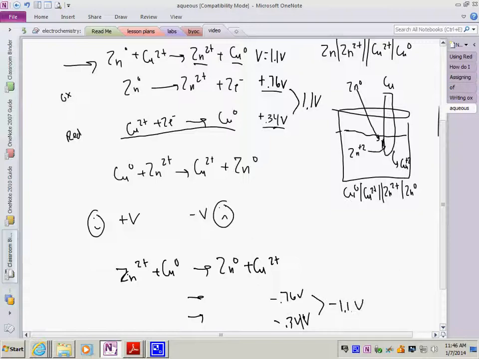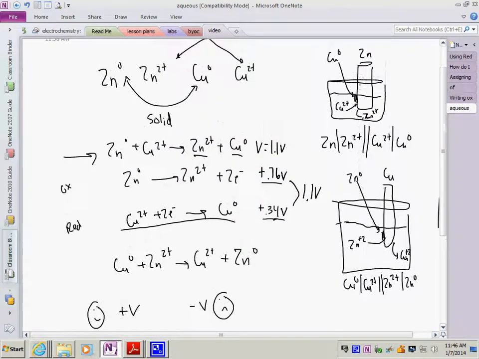Now, can this reaction occur? Yes. We just need to drive it all the way using energy. It would be like going back up a hill. We can always go back up the hill, we just need to provide energy all the way along. This would be an example of maybe a battery that would be discharging in this direction, and we'd have to recharge it with energy to drive it back, and then of course it can discharge again.